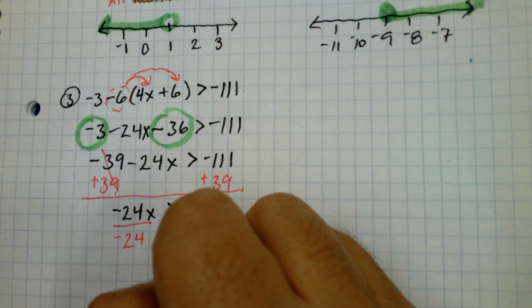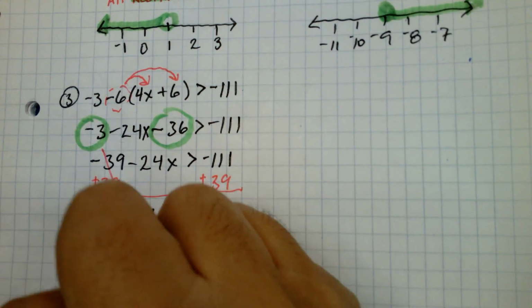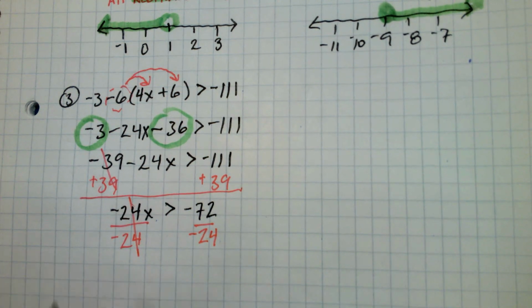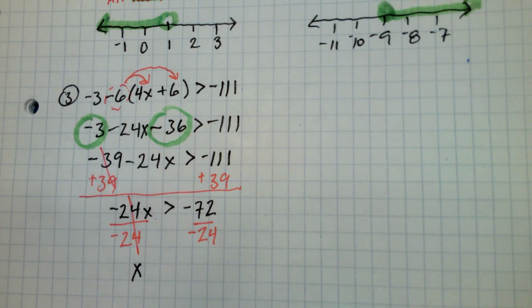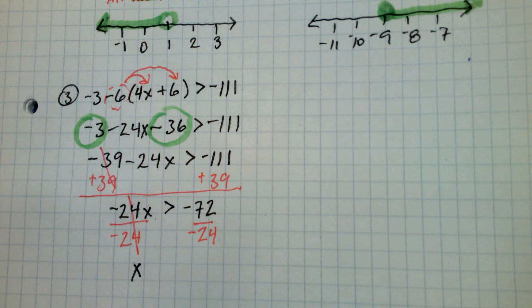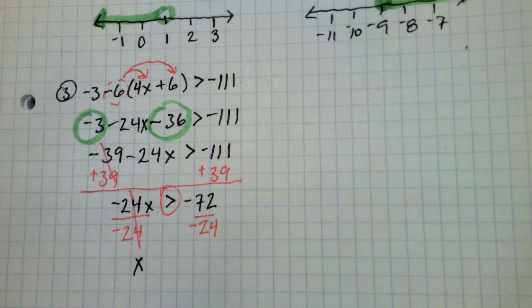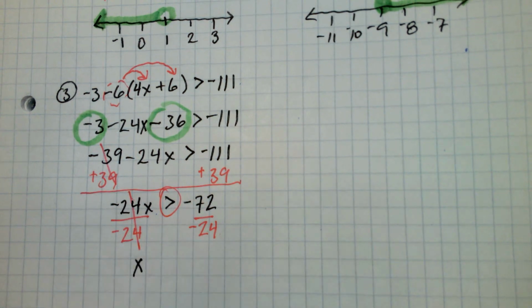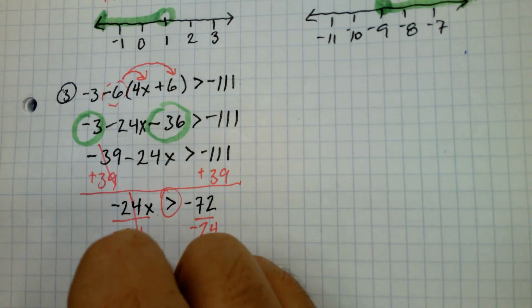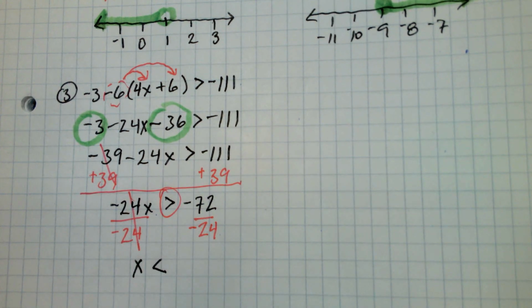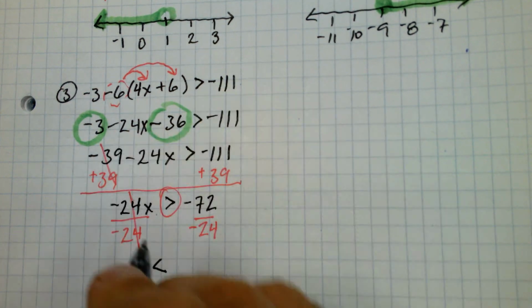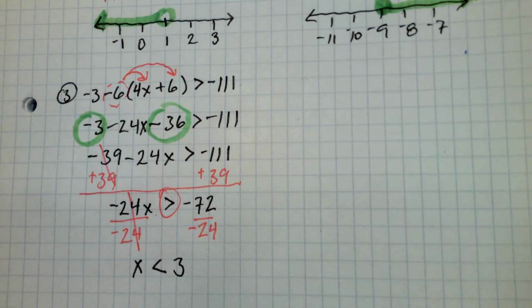We're okay with that. Okay. X is, oh, almost missed it. What do I have to do? Gotta flip it. Divided by a negative. X is less than just 3. 24 goes into 72 3 times.